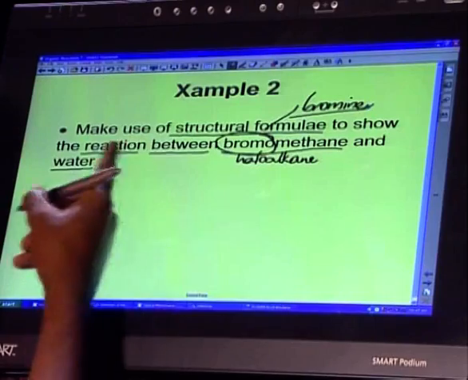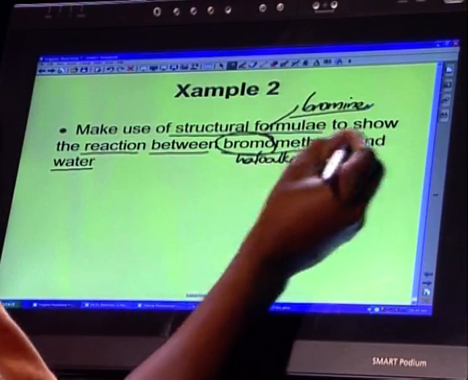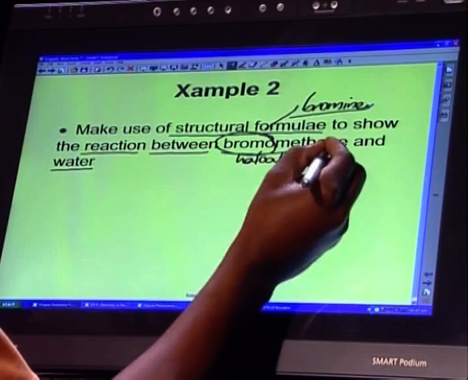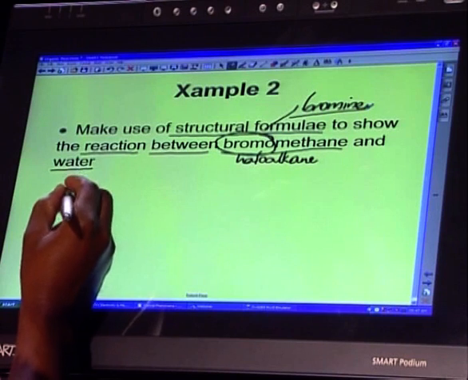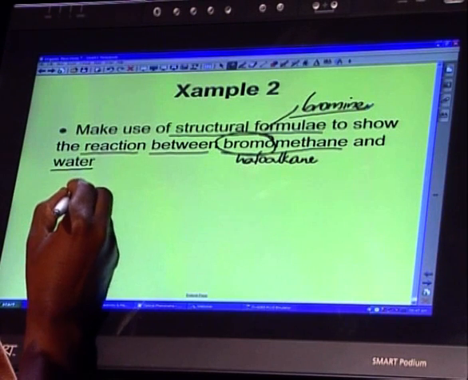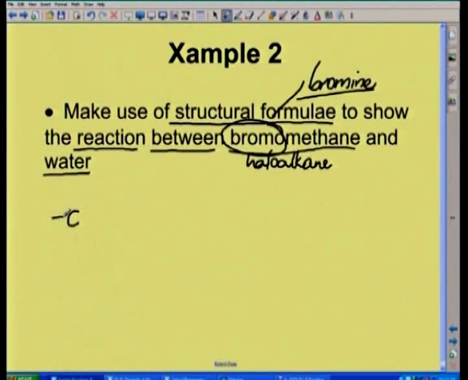Okay, it's one of the halogens. So let's use structural formula to show the reaction between bromomethane and water. Let's write it down. What will be the structure of bromomethane? Methane, 1 carbon atom. Bromomethane would mean one of the hydrogen atoms is substituted by or replaced by bromine. So that will be the structural formula.